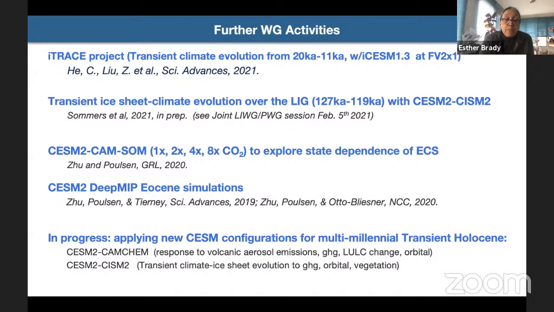And then we have another project with CESM2 coupled to the ice sheet model, to look at transient climate and ice sheet evolution over the Holocene. And you should be hearing, hopefully, more about these 2 projects in the next couple of years.